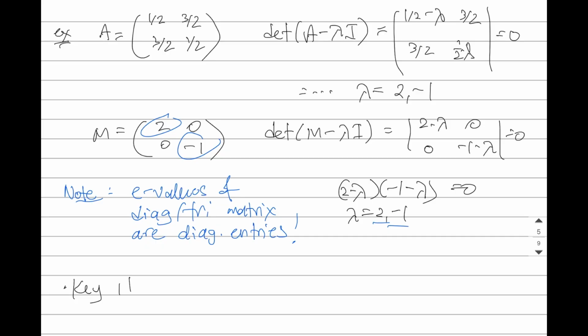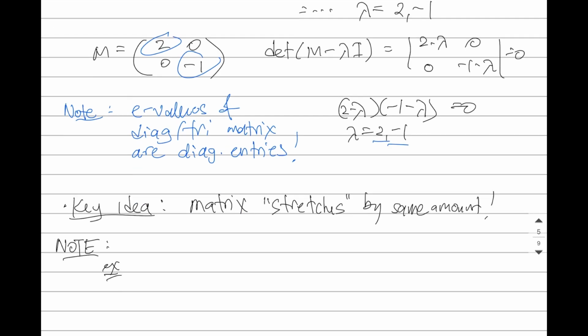Now, circling back, this is a very key idea. Similar matrices represent the same transformation, just in 2 different languages. So the matrix stretches by the same amount, but there's a big difference. If we were to take that matrix A and compute the eigenvectors, lambda is 2 would produce an eigenvector of 1, 1.